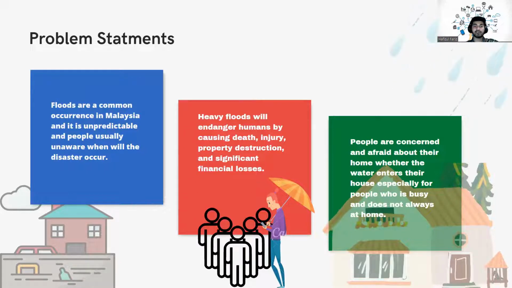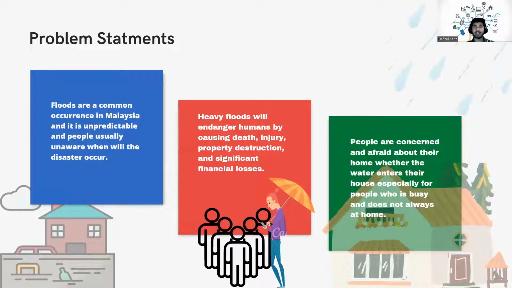Alright, for the next one is heavy floods will endanger human by causing death, injury, property destruction, and significant financial loss. So, for the next part is people are concerned and afraid about their home where the waters enter their home, especially for people who are quite busy and do not always be at home.